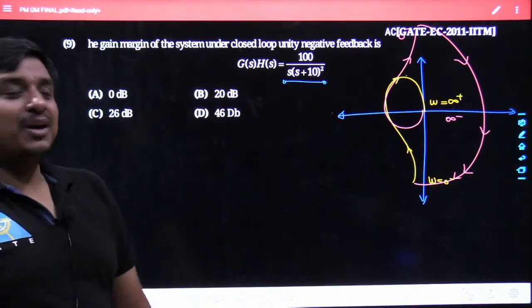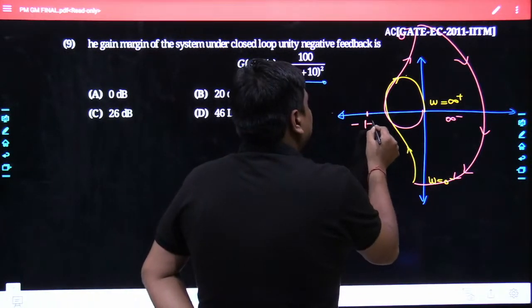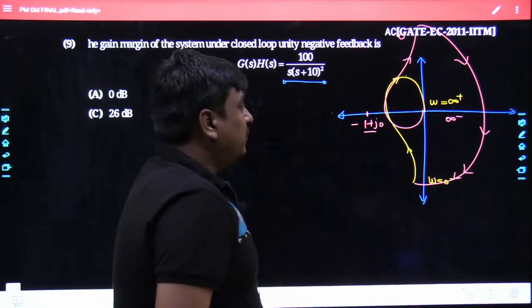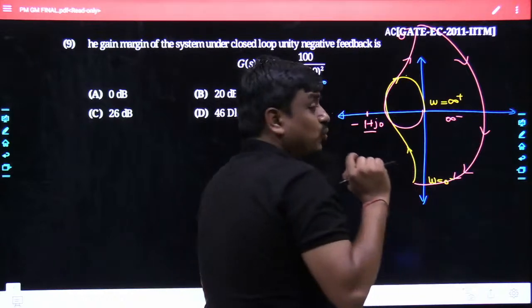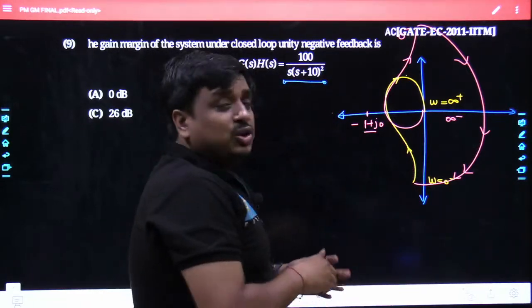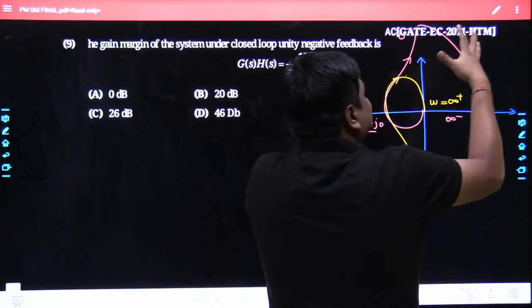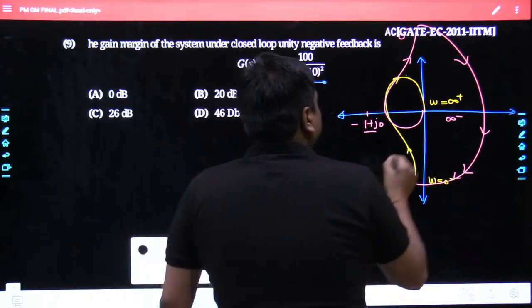You can see very well, my dear friends. If minus 1 plus J0 is kept, let's take outside from this circular path. Even in future, if you provide phase lag, still minus 1 plus J0 would get encircled. Even if you give the gain to the system, the complete structure would start bulging. If the complete structure would start bulging, may I know how the structure may look like?